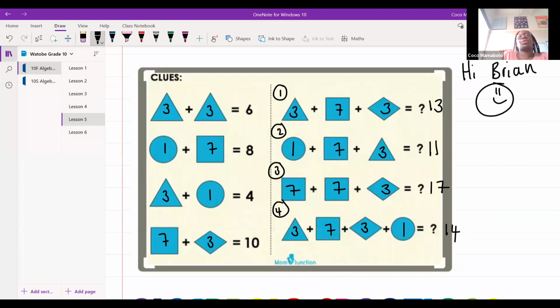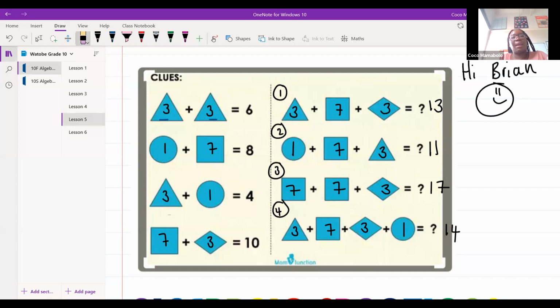Tembile says, why is the square 7? All right. Tembile, remember over here, we figured out that the same thing plus itself gives us 6. So this becomes 3 plus 3, which is 6, because it's the same shape. Okay. Now, if we go down over here, we know that every single triangle we come across, we're going to put a 3 there.